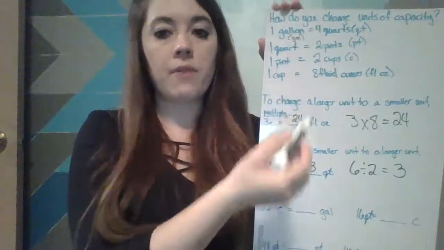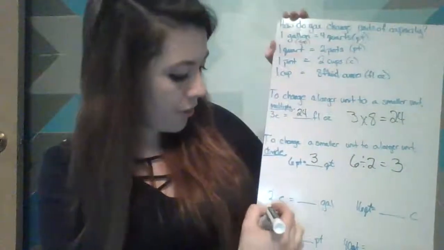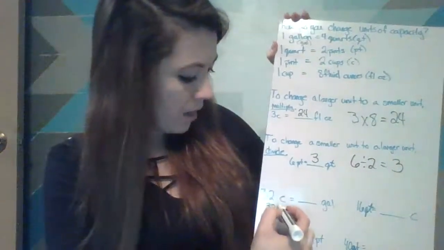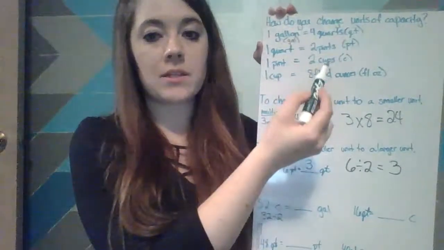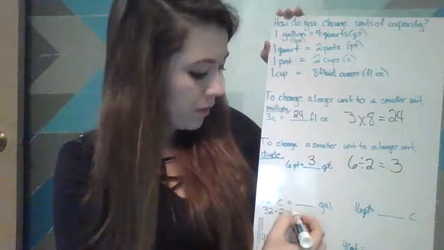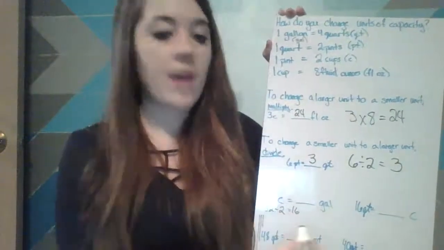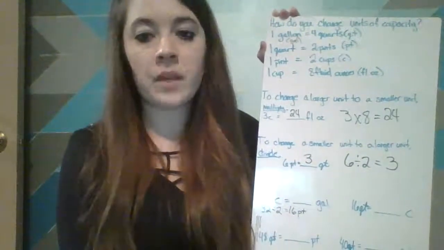We're going from a smaller to a larger, so we are going to divide. We take our 32 and divide it by 2, because 2 cups equals 1 pint. So 32 divided by 2 gives us 16. So now we're in terms of pints.